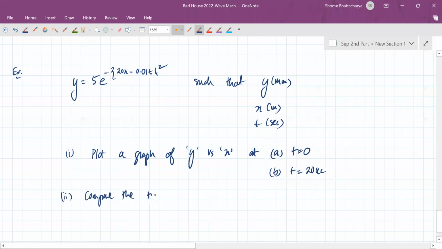Compare the two, and determine the speed of this traveling pulse.